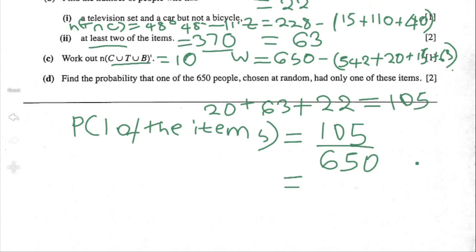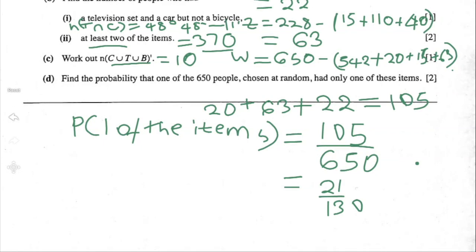Then you can simplify this 105 over 650. If you simplify this, you'll get 21 over 130 there.